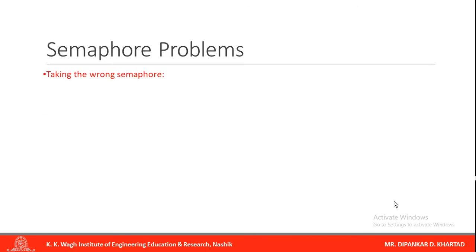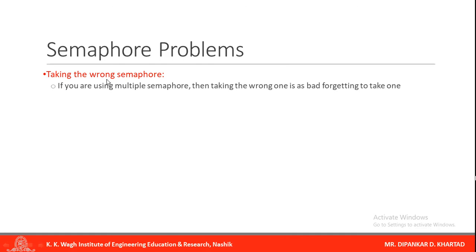And third one is taking the wrong semaphore. So this is a more serious problem than forgetting to take the semaphore. If you are using multiple semaphores, okay, so 1, 2, 3 semaphores, then taking the wrong one is as bad as forgetting to take one, because the task will get confused about which semaphore is of which one.